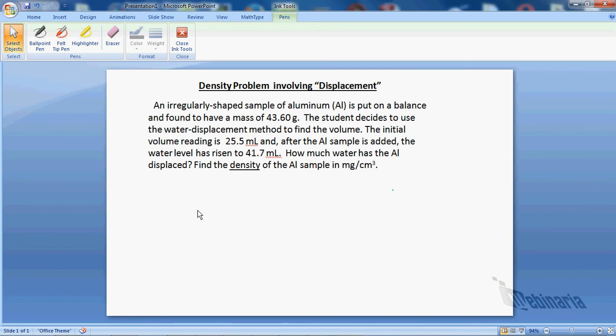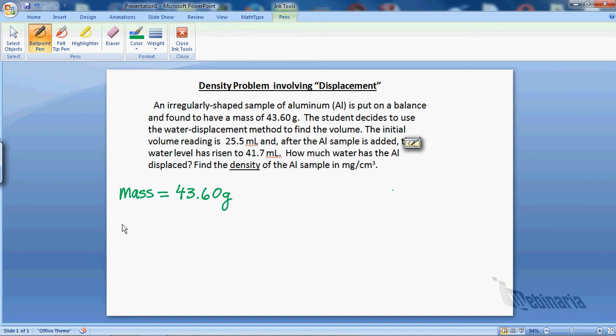Okay, so the first thing we know is we have a mass of 3.60 grams.